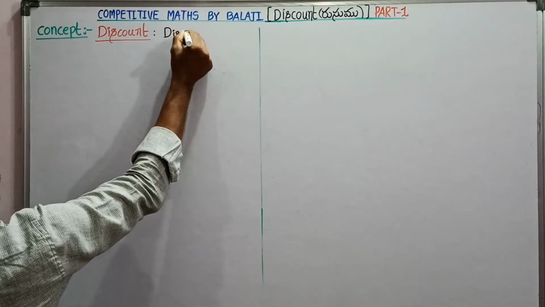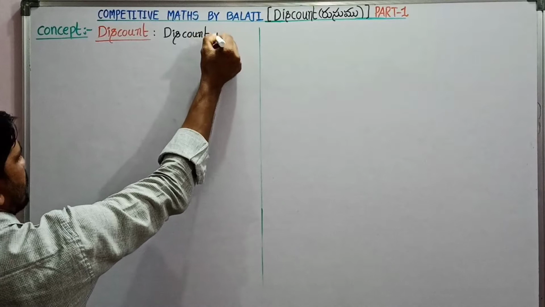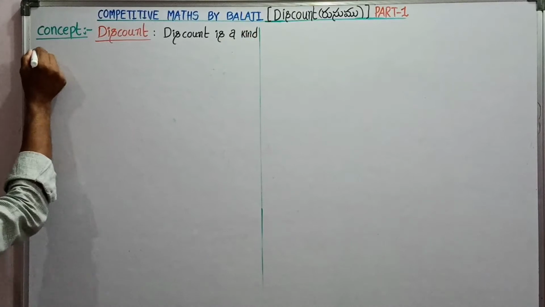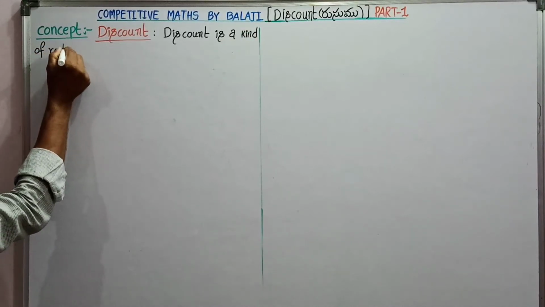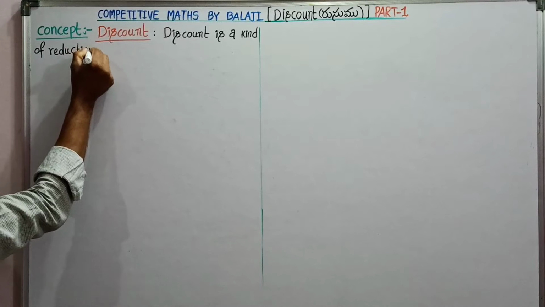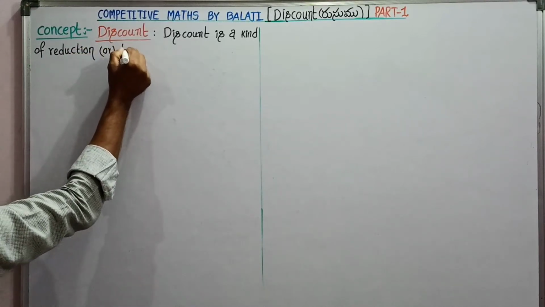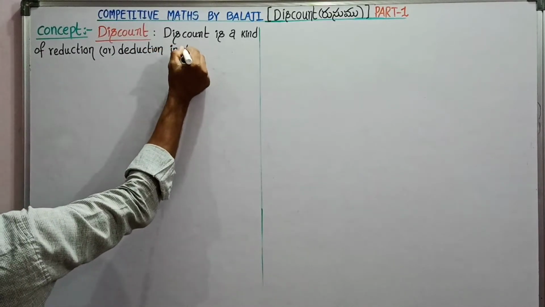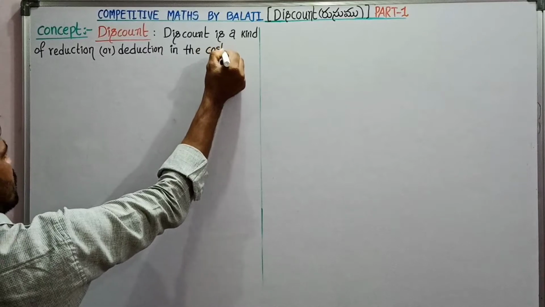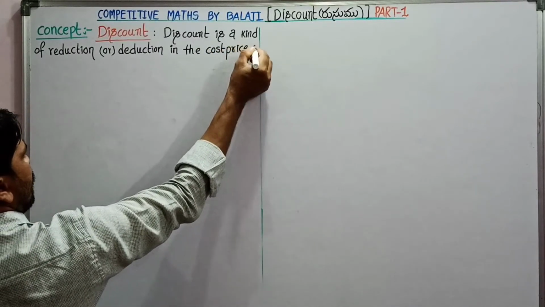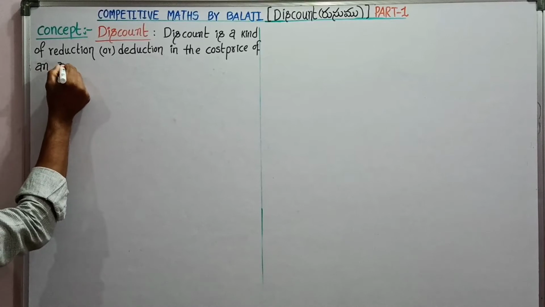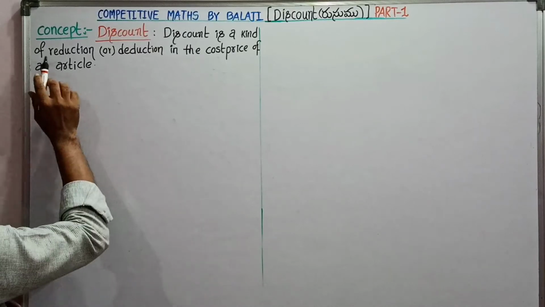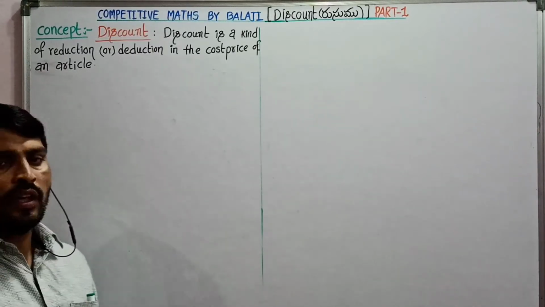Discount is a kind of reduction or deduction in the cost price of an article. Yes, discount is a kind of reduction or deduction in the cost price of the article.